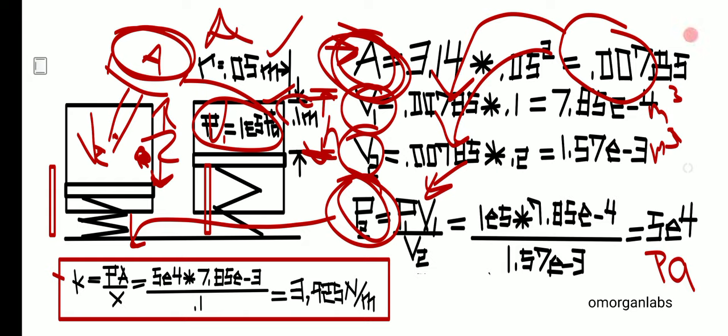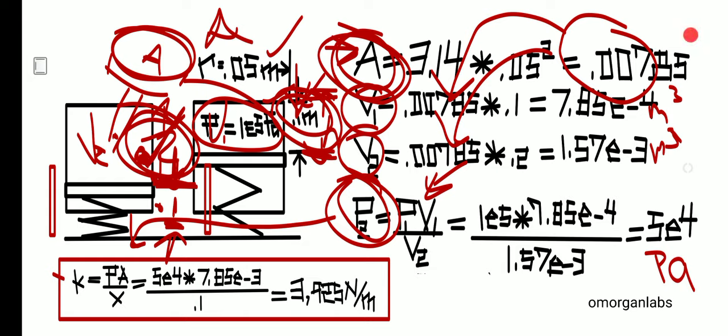So we started off at 0.1, we ended up at 0.2. So the displacement is 0.2 minus 0.1, which is 0.1. So that's our displacement down there, okay? We're not just pulling this number, we're doing final minus initial to get our displacement. Very important. So we plug in the 0.1 and we get 3,925 newtons per meter.